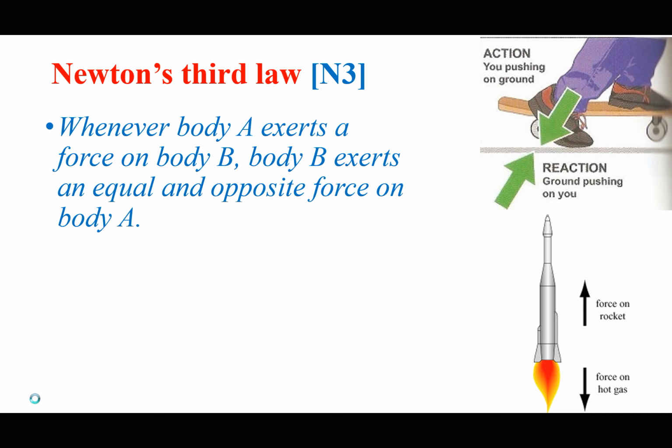So if you are stepping on the ground, the force from you could be the action, that is, you pushing on the ground. Then the force from the ground on you could be the reaction, the ground pushing on you, which propels you forward. So whenever body A exerts a force on body B, body B is expected to exert an equal and opposite force on body A.